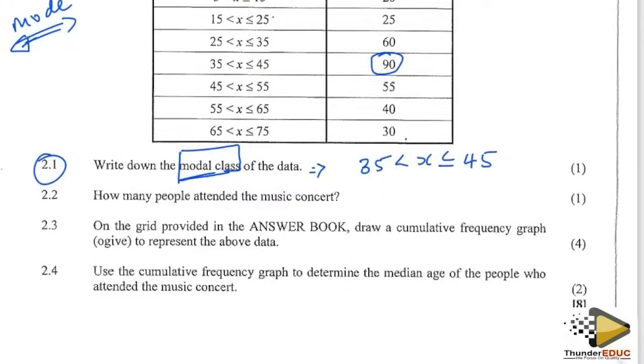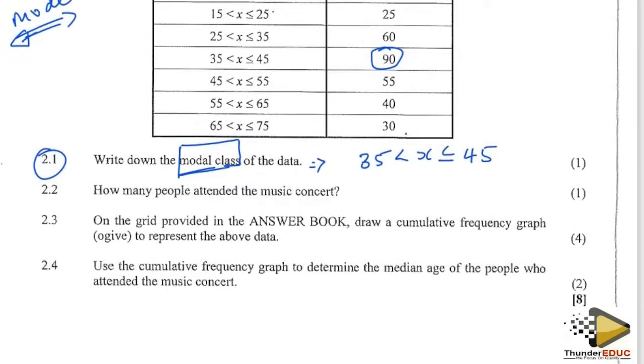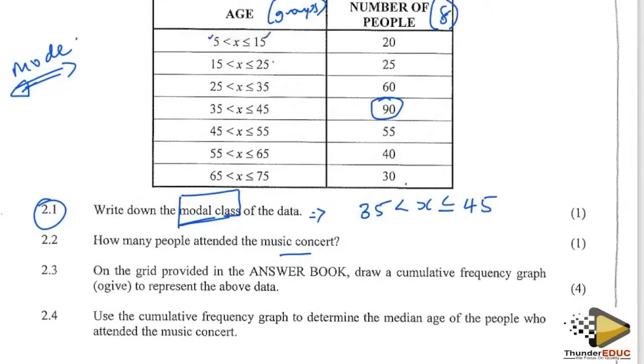Then 2.2. They want us to get how many people attended the music concert. All we need to do is add up all those numbers.